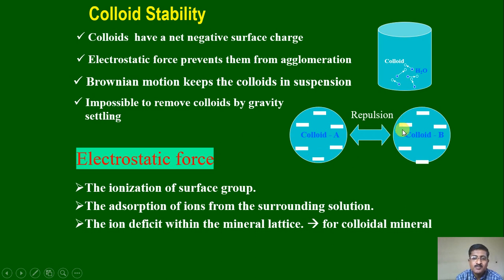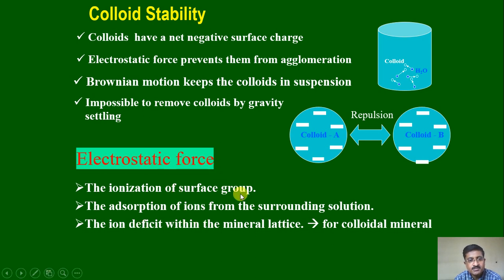So that's why, because of this motion and these forces, it is impossible to remove these colloids only by gravity settling. That's why it is necessary to introduce chemicals there, so that settling of these particles may be achieved, right?